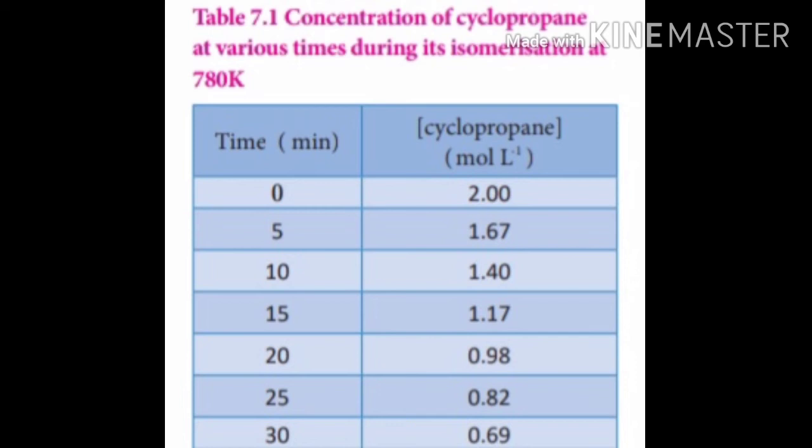The second part discusses the concentration of cyclopropane at various times during its isomerization at 780 Kelvin.